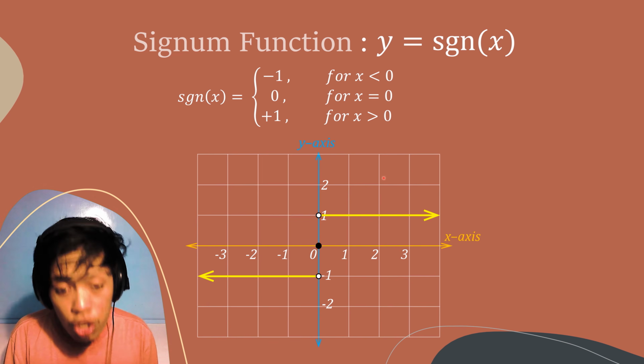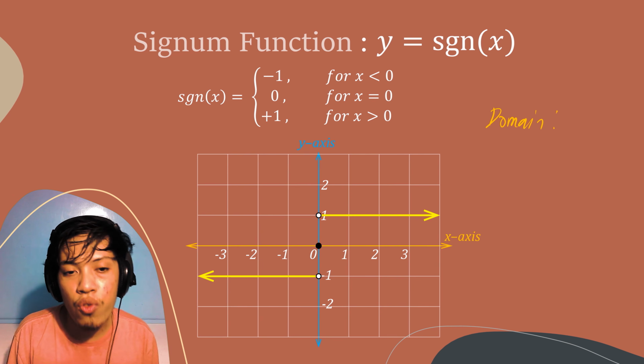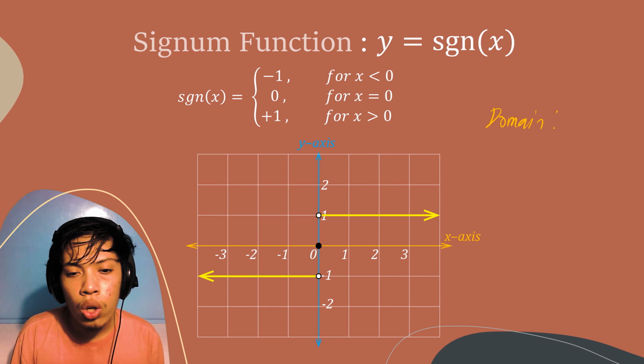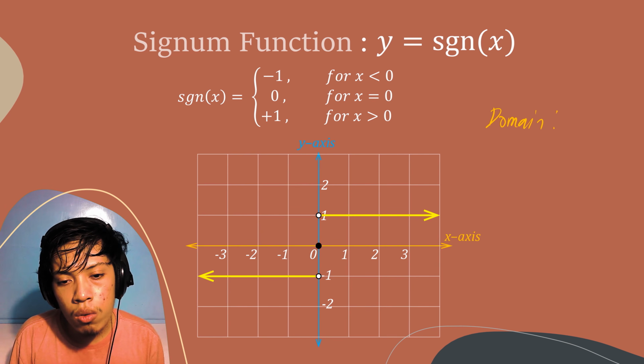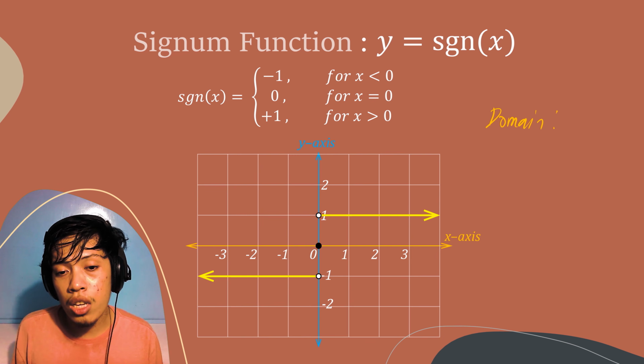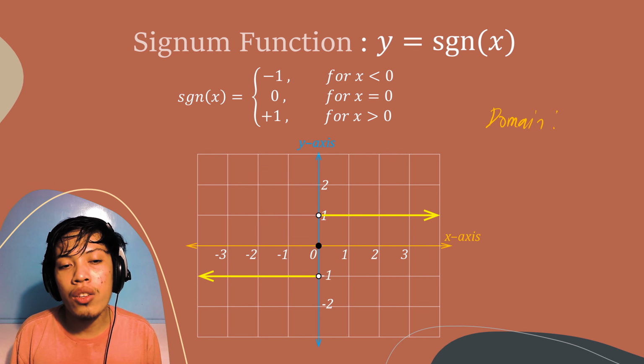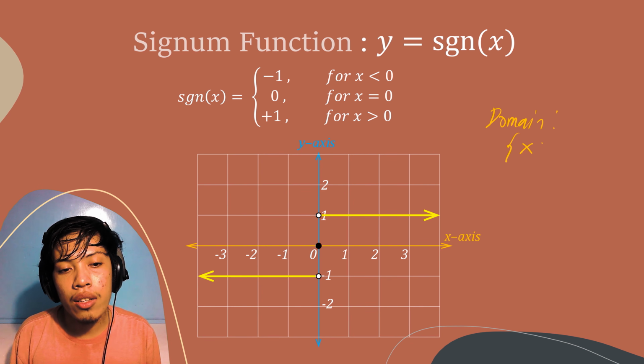So if we try to find the domain of this function, if you look at the graph, all values of x from negative infinity to positive infinity will be covered by the graph of the function. Then your domain is all real numbers, x such that x is all real numbers.